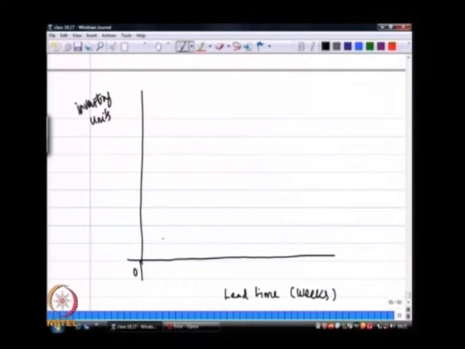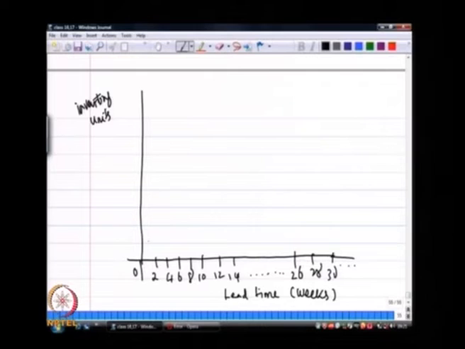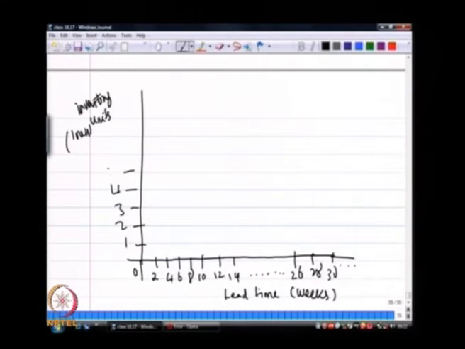So, we begin with 0, 2 weeks, 4 weeks, 6, 8, 10, 12, 14 and so on, 26, 28, 30 and so on. And let us retain the same example that we used before, which means let us say this is 1000, 2000, 3000, 4000, this inventory is in thousands, 5, 6, 7, 8.